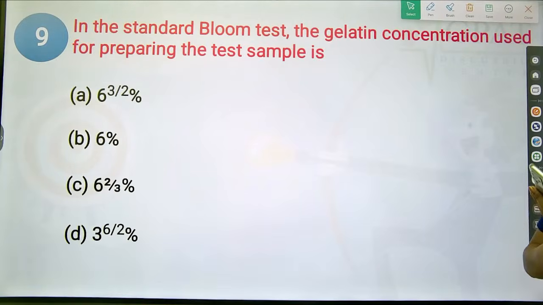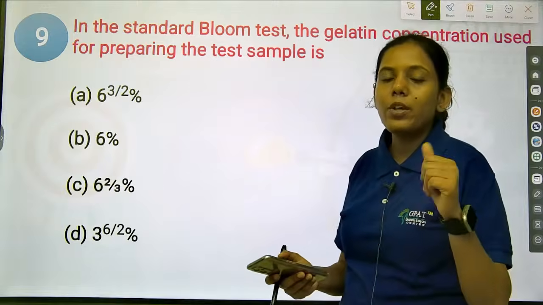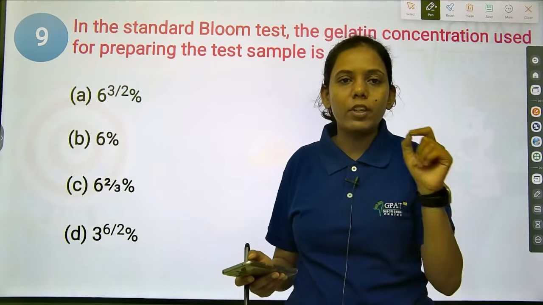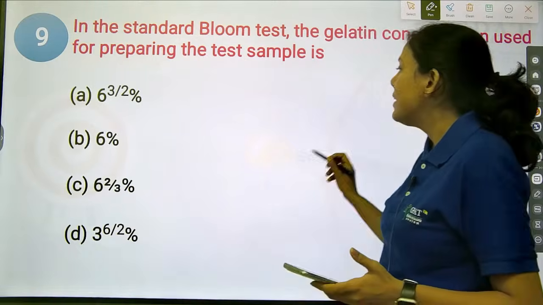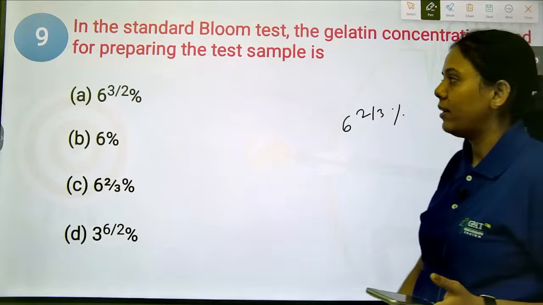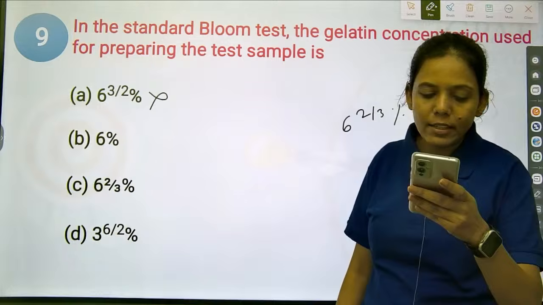In the standard bloom test, the gelatin concentration used for preparing the test sample is, as I told you, in the viscosity you are using 6% of the solution, whereas in case of the bloom strength you have to use 6 2/3%. It is not 3/2, it is 2/3. What should be the answer?